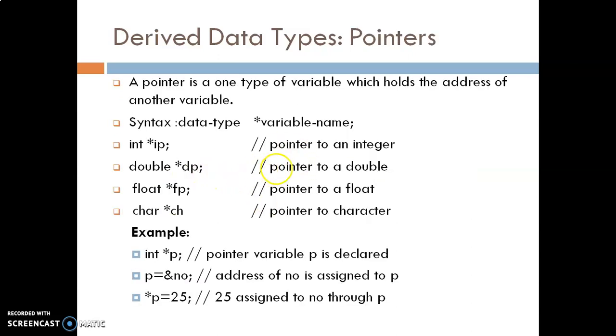Now about the derived data types. When we are talking about derived data types, pointers are one of the examples. A pointer is a type of variable which holds the address of another variable. This is the syntax. The only difference is the data type, then star.